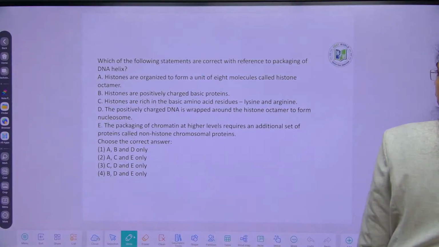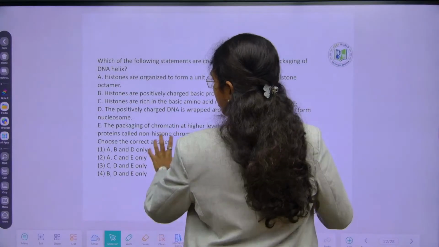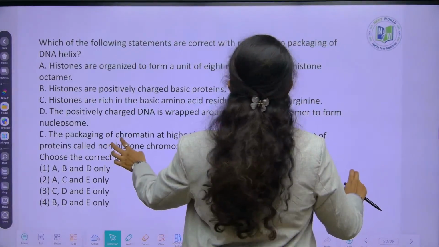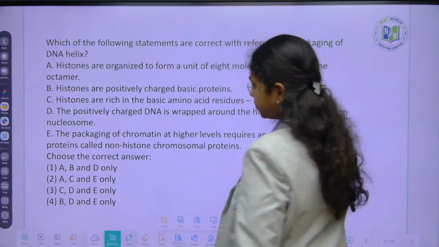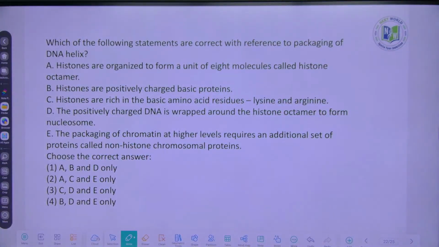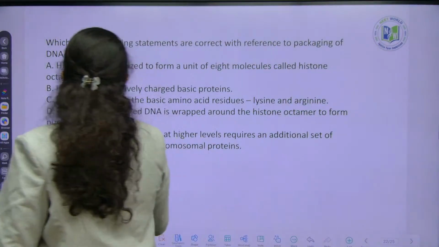Next question. On condensation of chromosomes. A? We'll see. Any other options?